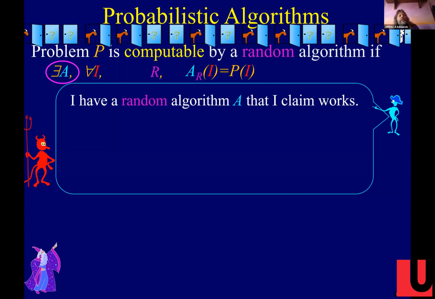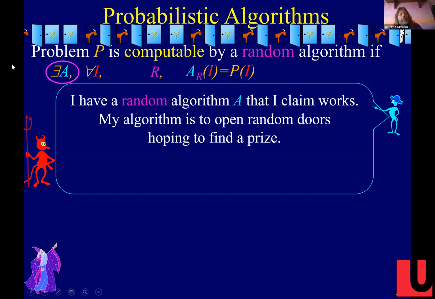In fact, I can tell you what our algorithm is going to be concretely: open a random door, and then open another random door, and then another random door. So that's our probabilistic algorithm.